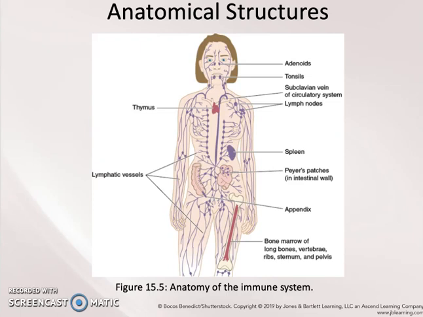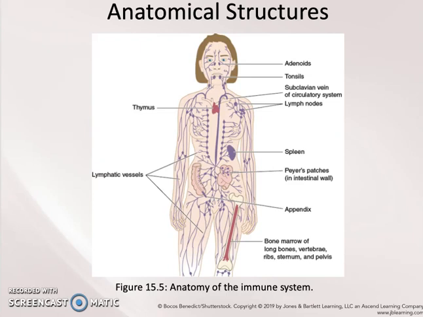How does the body determine what is foreign? Well, cells of the immune system, specifically the innate immune system, rely on what's referred to as pathogen-associated molecular patterns, or PAMPs, to identify and respond to infections.